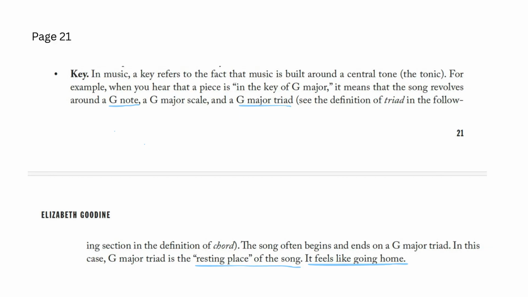The song often begins and ends on a G major triad. In this case, G major triad is the resting place of the song. It feels like going home. I like that definition.